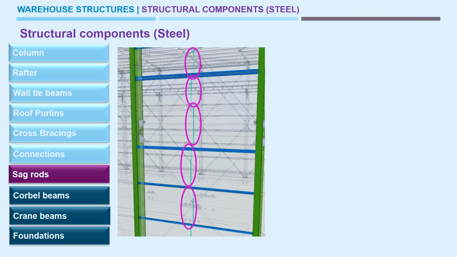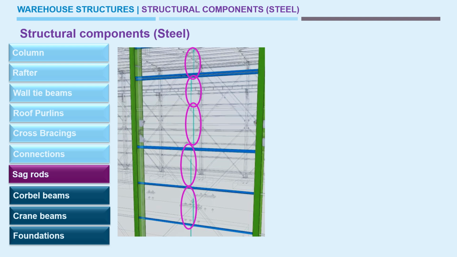This will cause some deflection, and this will also affect the structural claddings. So in order to avoid these deflections, we need to provide sag rods in between the span of the wall tie or the roof tie. Generally the wall tie is a light material, either cold formed secondary steel or hot formed steel members.